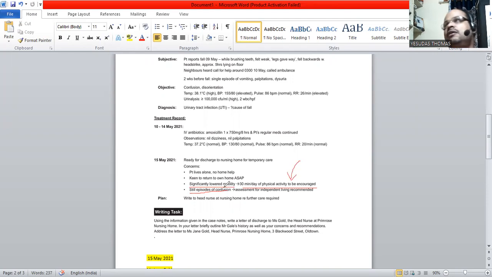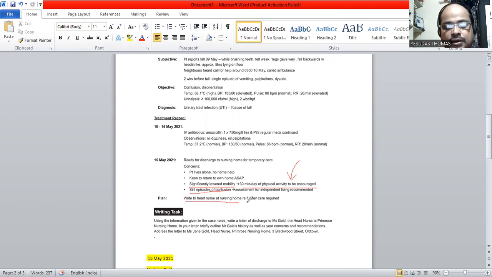He has reduced his mobility significantly. This is what his present condition is. But he wishes to go home. He wants to return home as soon as possible, to live alone, to live an independent life. He needs to go back.